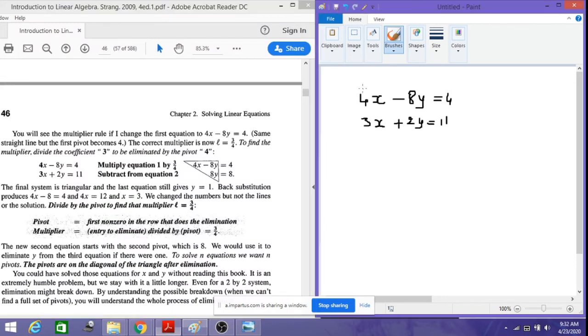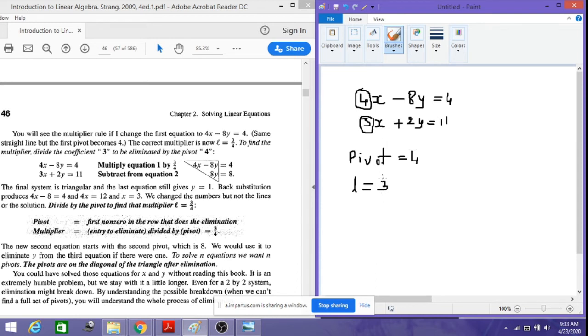So in this case, if you see the x here, the coefficient of x in the first equation, that is our pivot. So the pivot of this equation is 4 here, and the multiplier will remain the same because the multiplier depends on the second equation's coefficient of the same unknown, that is x here, so that is 3. So now I have to remove this. So what should be my multiplier here?